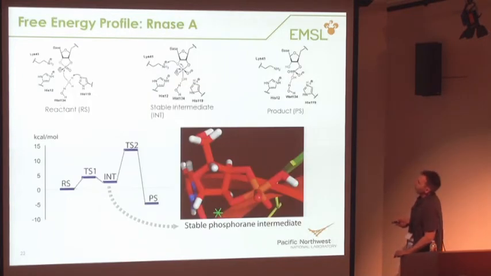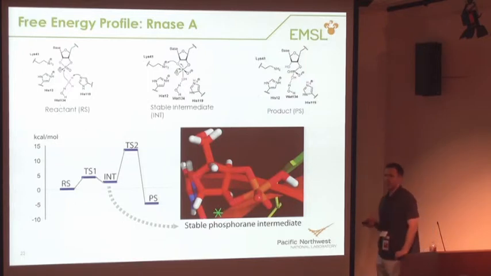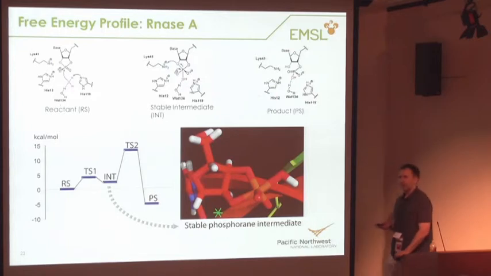And for RNase A, we get the following profile. Again, here's the stable intermediate complex, and the reactant, the product state, and also the transition state. I'm going very quickly, but basically what I'm trying to tell you is that there is a lot of power in quantum mechanical simulations nowadays that can really help you answer some of the questions that might be interesting in biological simulations.